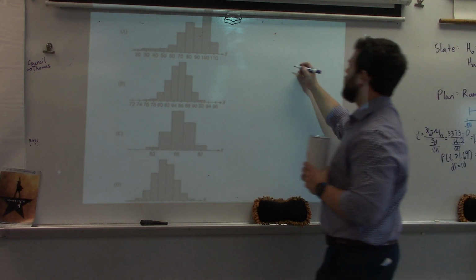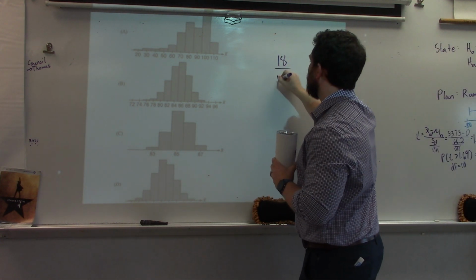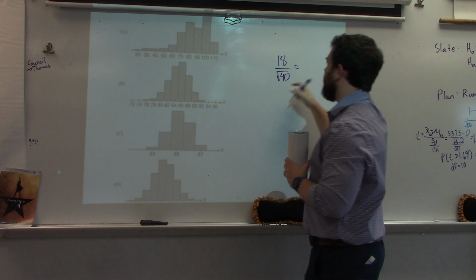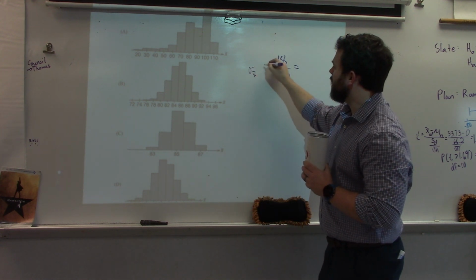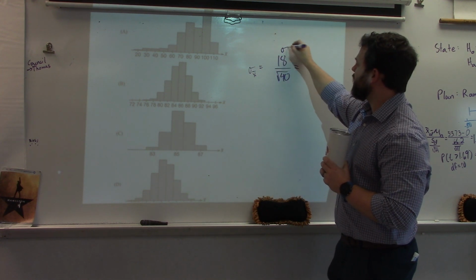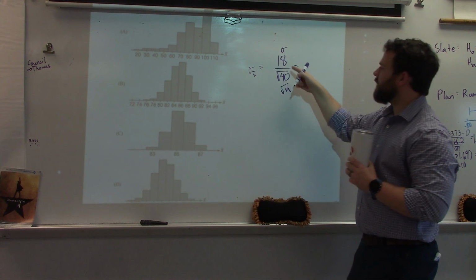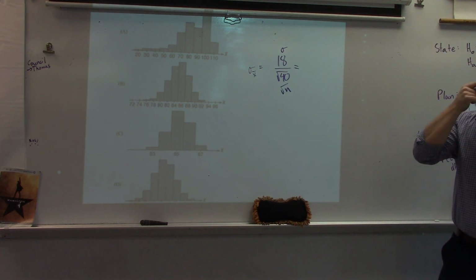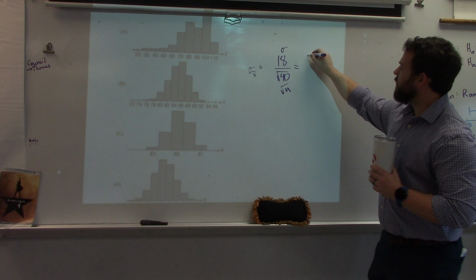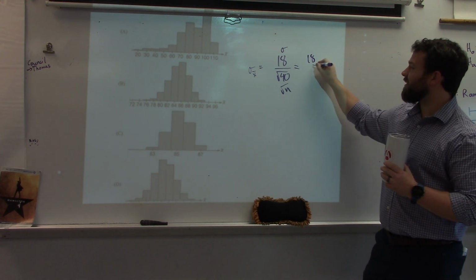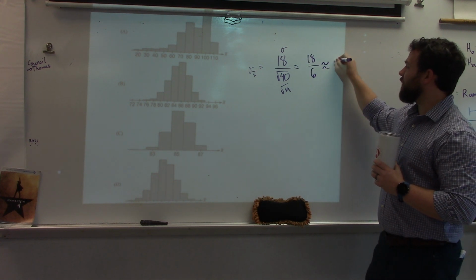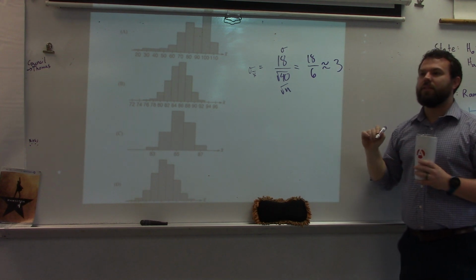Let's note, our standard deviation was 18 divided by the square root of 40. Standard deviation divided by the square root of n. What is 18 divided by the square root of 40? The square root of 36 is 6, so it's going to be about 3 for the standard deviation.